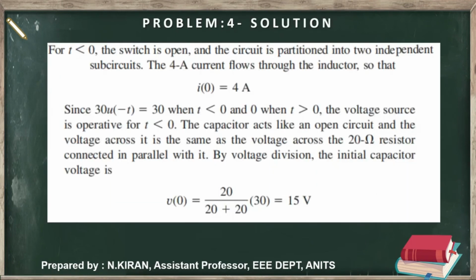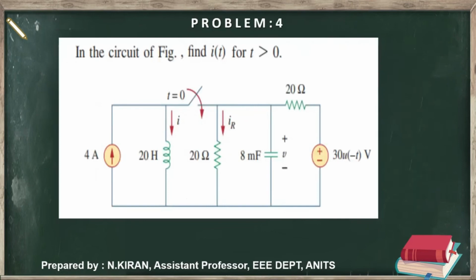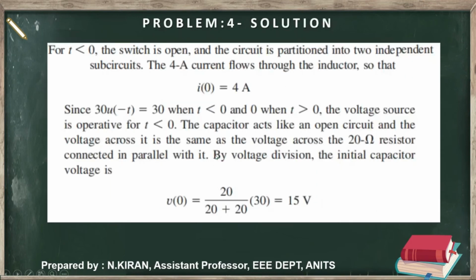So I of 0, when the switch is open, as you can see, the current source value will circulate in this loop. So the initial current through the inductor will be nothing but 4 amps. We know that 30 u of minus t will be equal to 30 when t is less than 0. Its value will be 0 for t greater than 0.